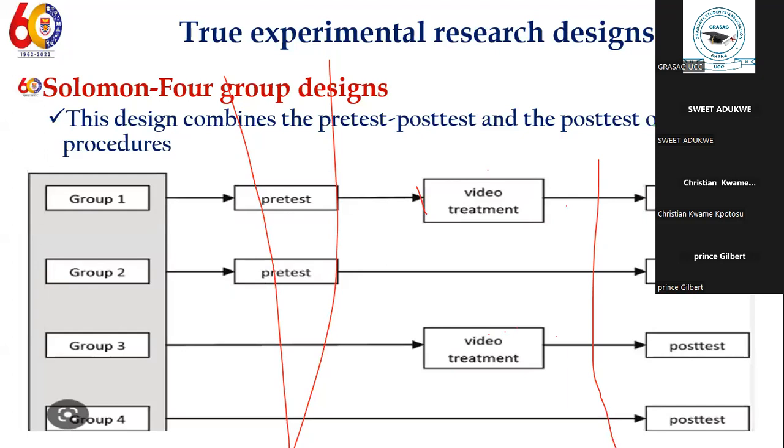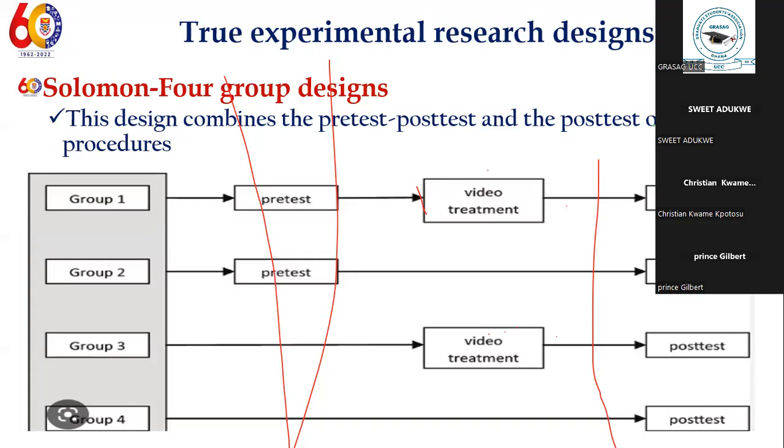One group is the control, another group is the experimental group. But don't forget that you can only have an experimental and a control group. But in the Solomon 4 group design, we have 2 experimental groups and 2 control groups.